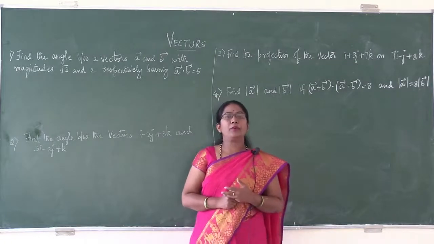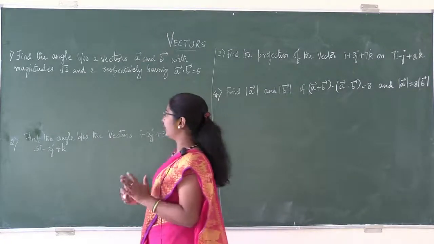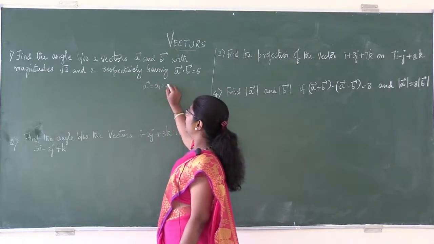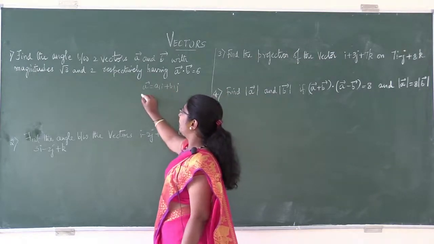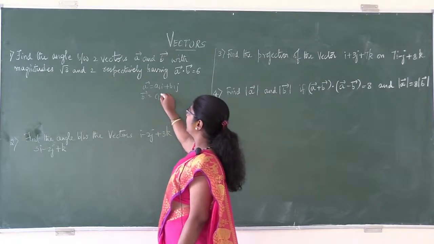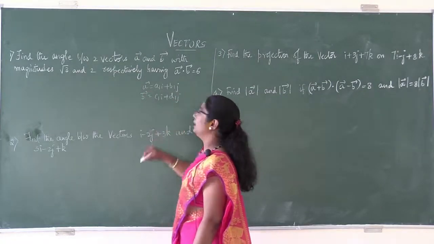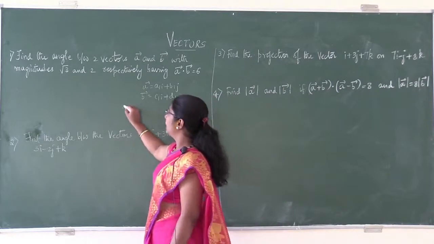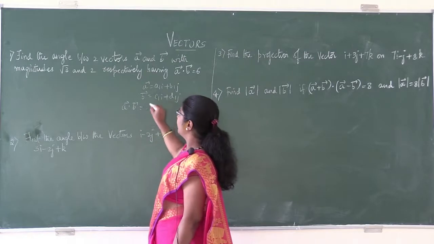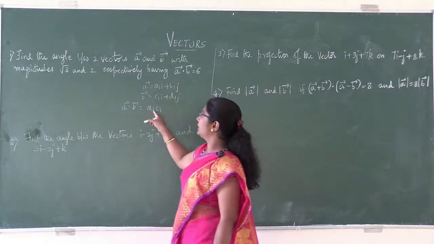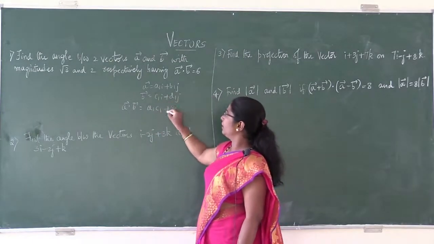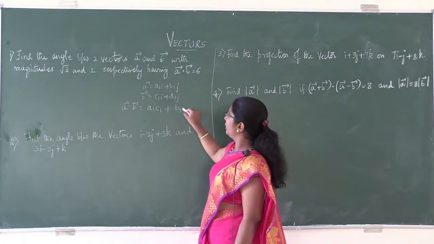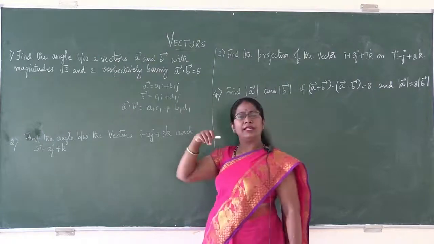How do we define dot product in terms of components? Say for example, if vector A is equal to A1i plus B1j and vector B is equal to C1i plus D1j, how do you represent the dot product in terms of components? That is A dot B can be written as A1 C1, that is the coefficient of i terms, plus B1 D1, that is the coefficient of j components.